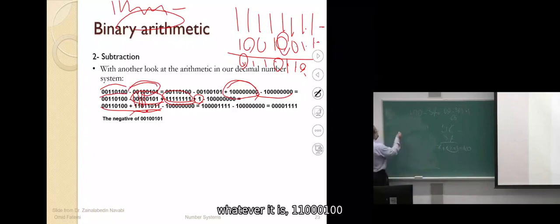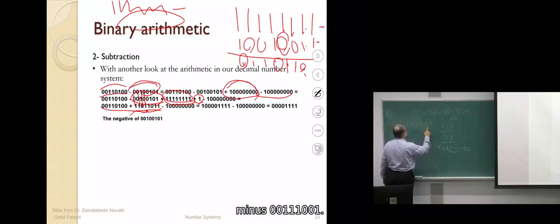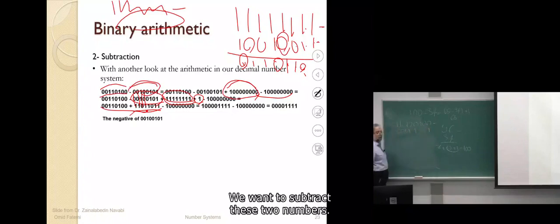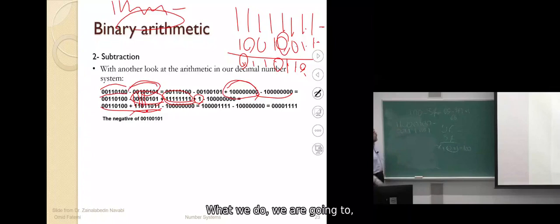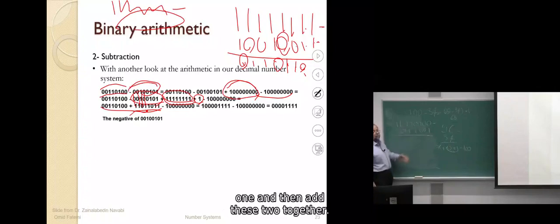Let's write a number, whatever it is: 11000100, minus something: 00111001. We want to subtract these two numbers. Instead of subtracting this, we are going to complement this one, and then plus 1, and then add these two together.